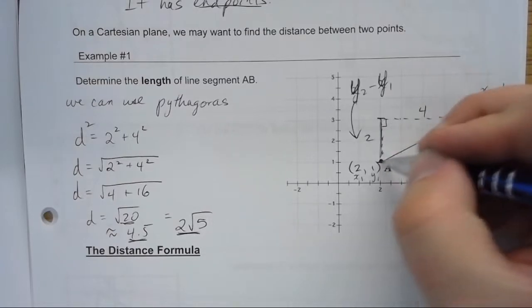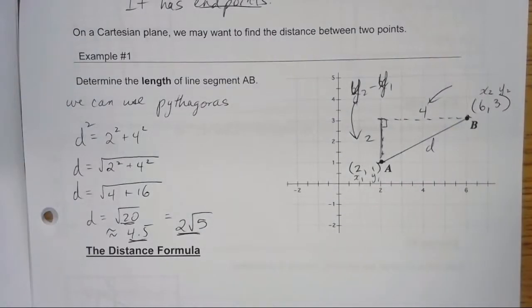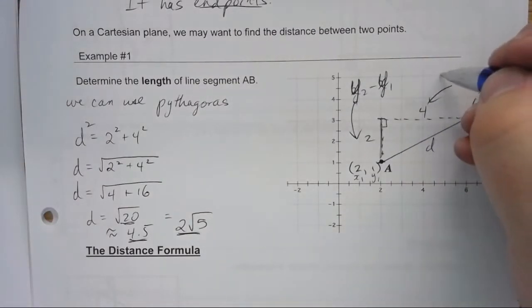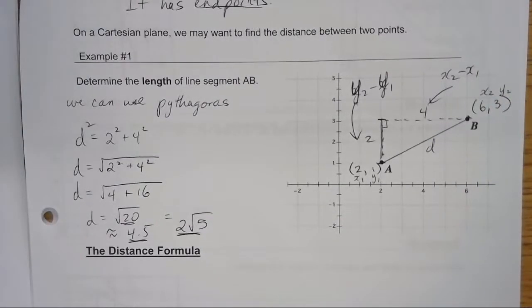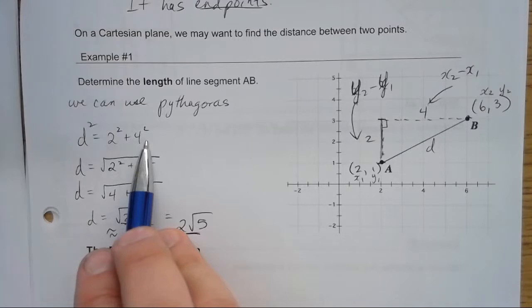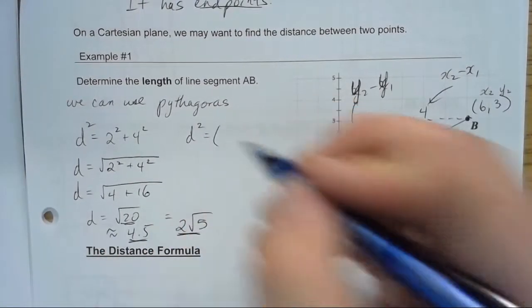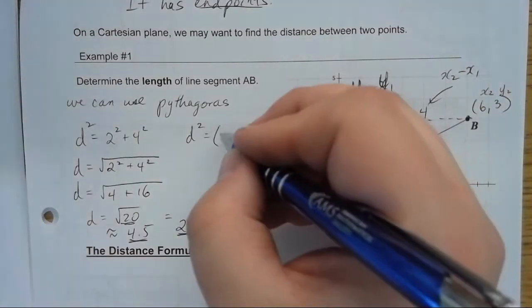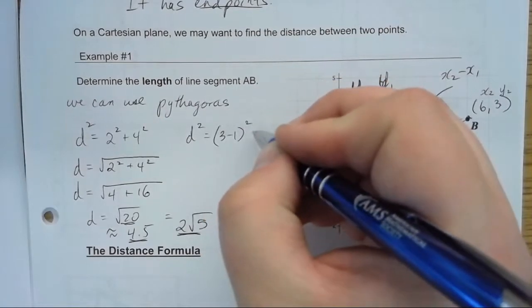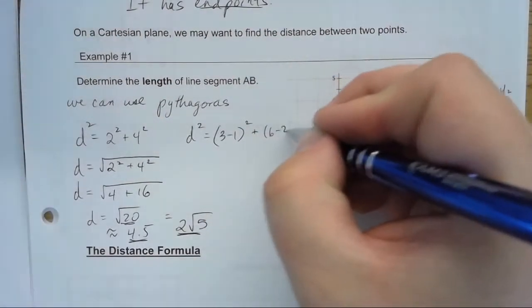This point's 3, this point's 1, 3 minus 1 is 2. And this 4 distance here, I can get by going, well, it's the second x-coordinate minus the first x-coordinate. So I could have gotten this 2 and this 4 by saying, well, again, I got the 2 by going 3 minus 1 squared. And I got this 4 by going 6 minus 2 squared.